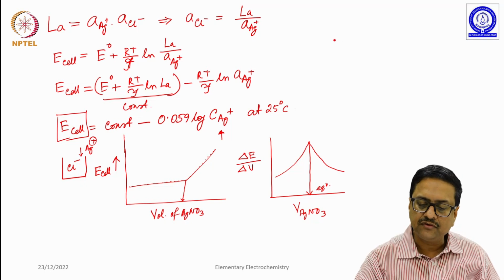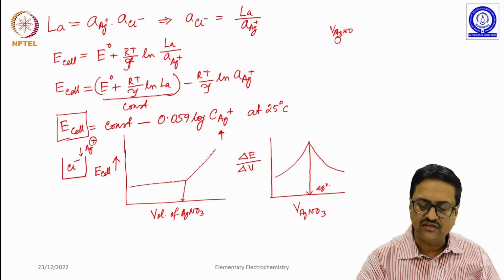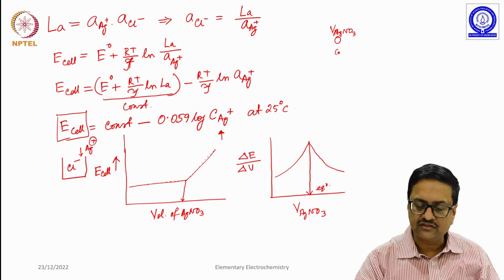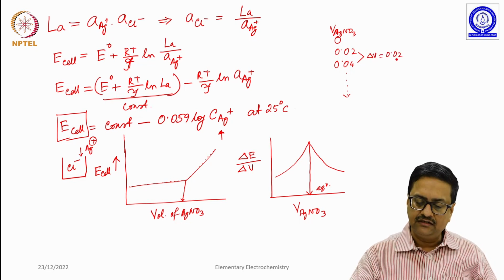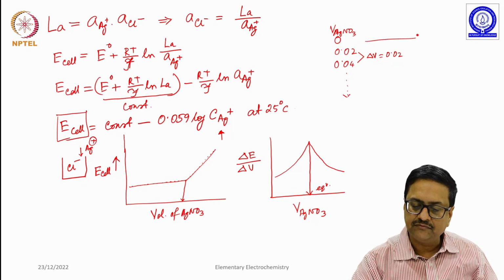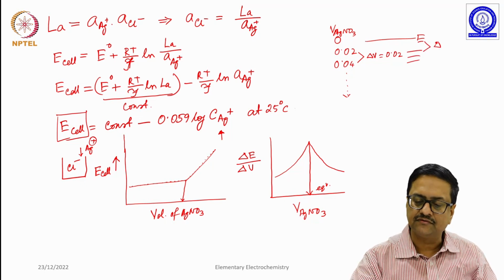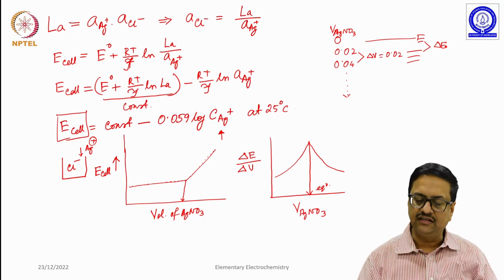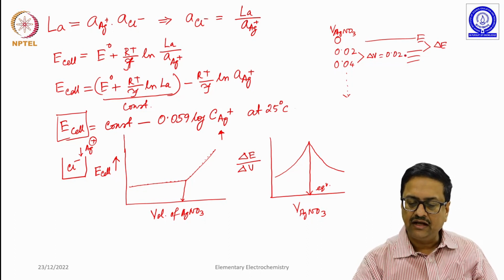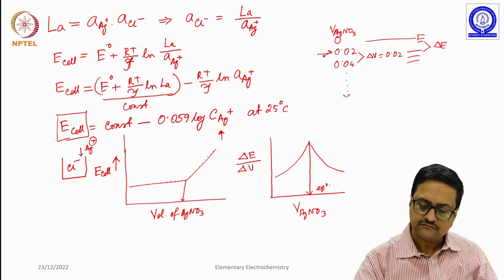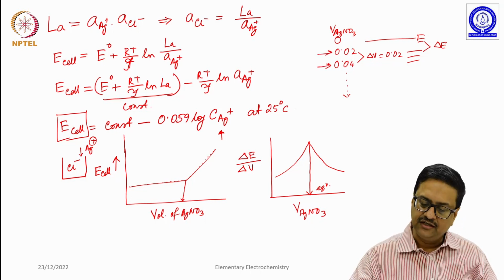So, here suppose if your starting volume of AgNO3 is 0, then you have the next one 0.02, 0.04, like that if you are continuing. So, delta V is 0.02, and this delta E is the EMF measured for each of those values. So, delta E is the difference in EMF.